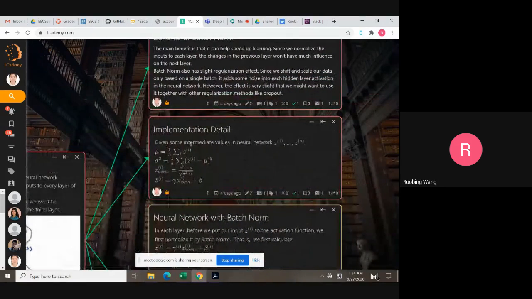Given some intermediate values in the neural network, Z1 to Zn, we first calculate the mean, the mu value, and the variance, sigma squared. Then we calculate each value z_norm_i, which is the original value z_i subtracted by the mean and divided by the standard deviation.